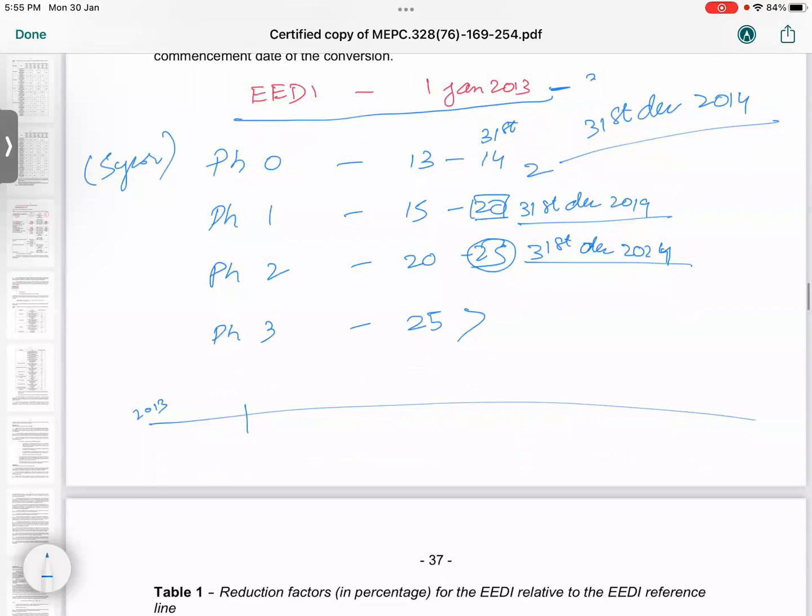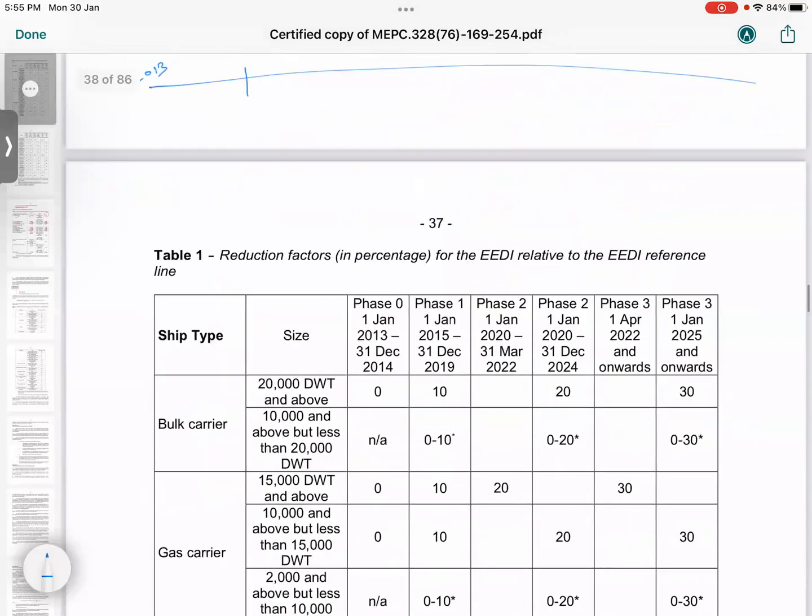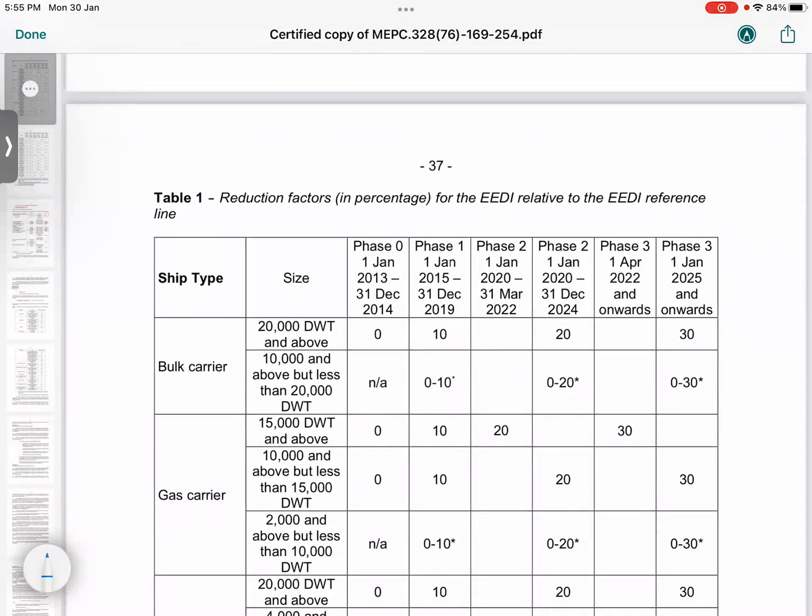Okay, please focus on the columns which I'm marking right now. Phase 0, phase 1, 5 years, right? You see the date, 31st December, so 5 years. Then phase 2, please don't look at this column, I'll get back to that. The blue which I'm marking, and then phase 3.